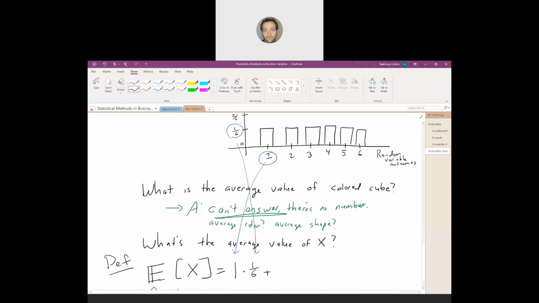Or another thing that could happen is that I could see a 2, and that also happens with probability 1/6. Or a 3 with a probability of 1/6, or 4 with a probability of 1/6, 5, or 6, probability 1/6.